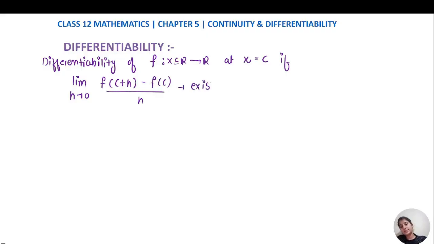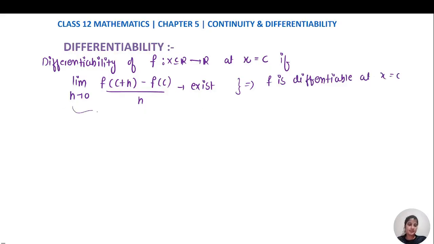If this limit exists, then we say our f is differentiable at x equals c.